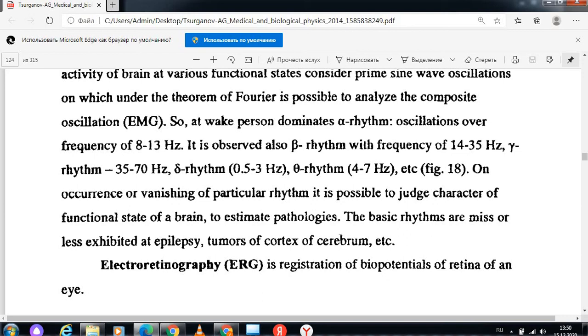Hz. On the occurrence or vanishing of a particular rhythm of the brain, which could be reflected on the encephalogram, it is possible to judge the character of the functional state of the brain and to estimate different pathologies of the working brain.